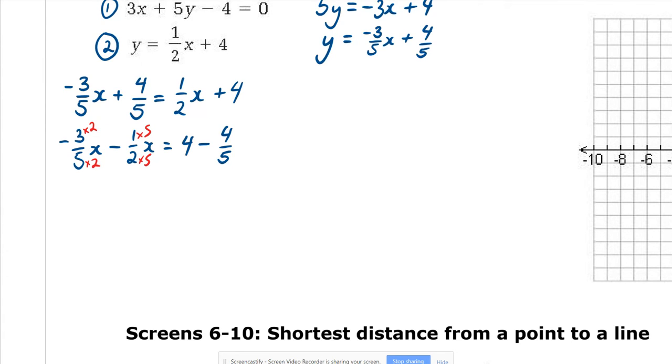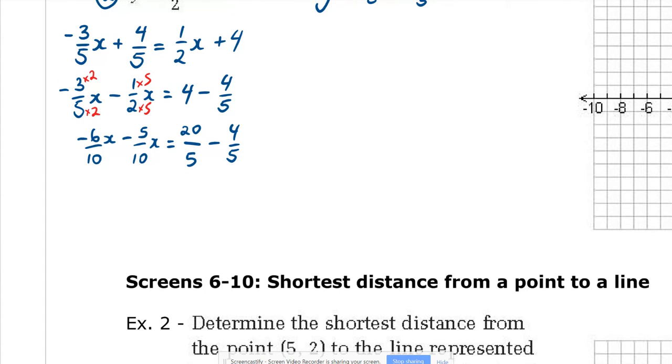So here I'm going to write negative 6 over 10 minus 5 over 10. Sorry, these are x terms, so I have to do negative 6 over 10x minus 5 over 10x equals, on the right side, a common denominator would be 5. So 4 can be written as 20 over 5 minus 4 over 5. Now, negative 6x minus 5x is negative 11 over 10x.